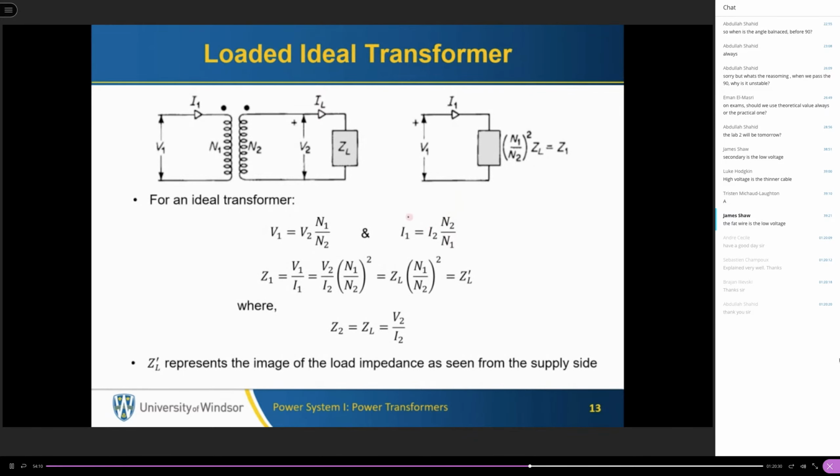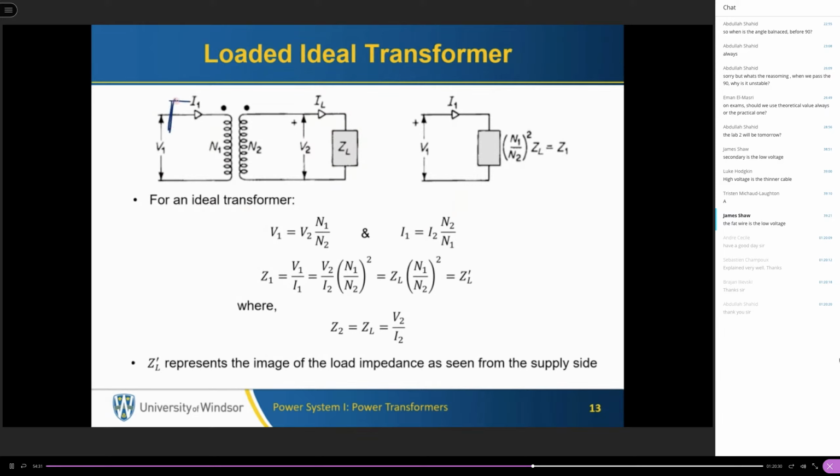Okay. Now let's see what happens when this ideal transformer is loaded. So we connect an impedance on the secondary side and see what happens to the transformer, and particularly how this impedance is seen from the primary side.